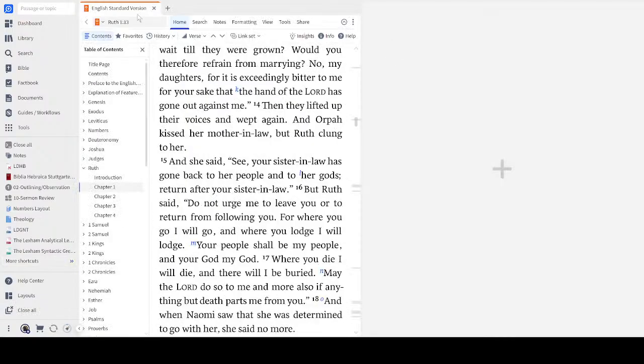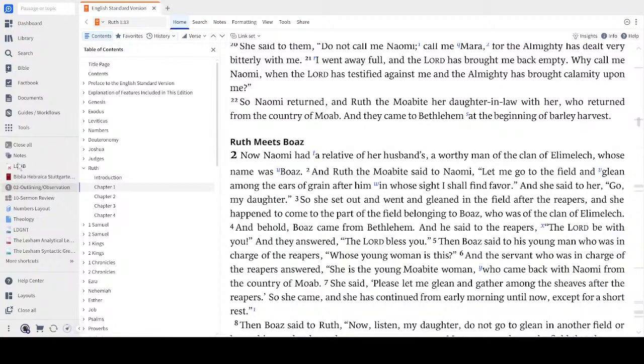Now let me pull up some resources that I think are going to be helpful. First, I'm just going to pull up the ESV, and I'm going to stretch that all the way out. There are a couple of resources that I've encouraged.